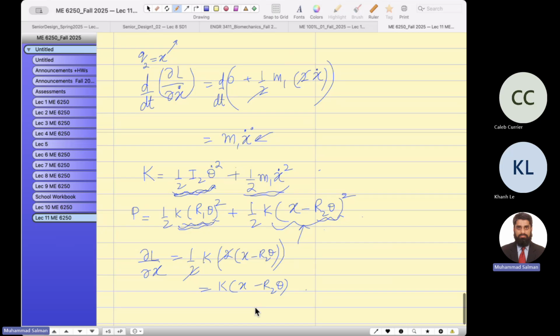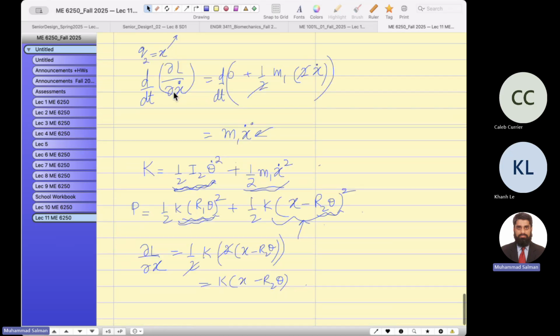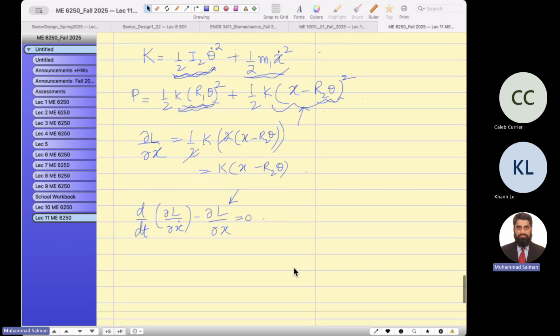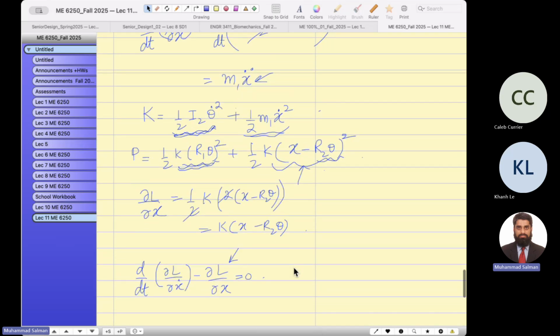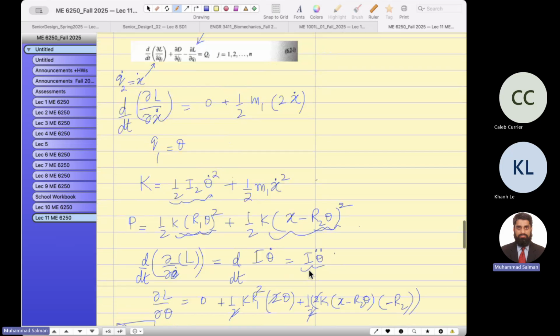So if you write down the Lagrange's equation, I'm going to show you this second equation when using the second generalized coordinate. How are you going to fill in all the values here? Let me show you over here. m1 x double dot will come in the first term, m1 x double dot plus kx minus k r2 theta equals, here we have the force being applied.